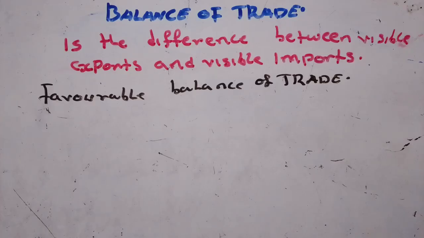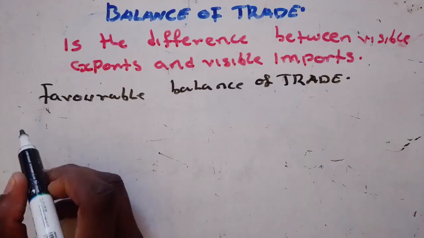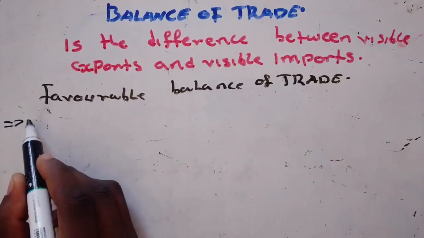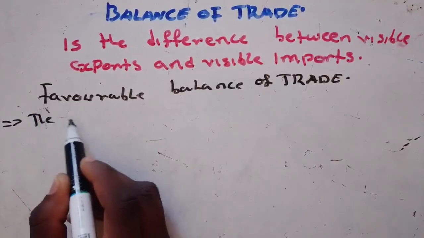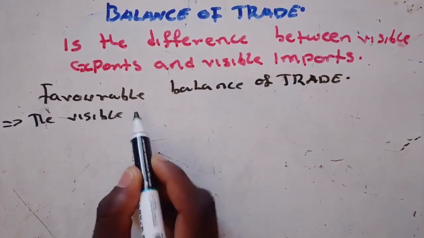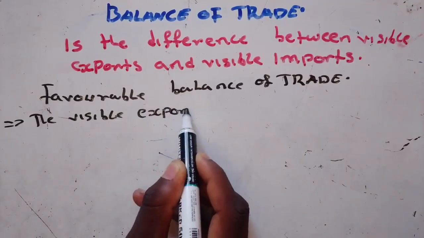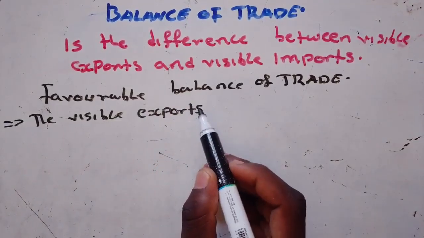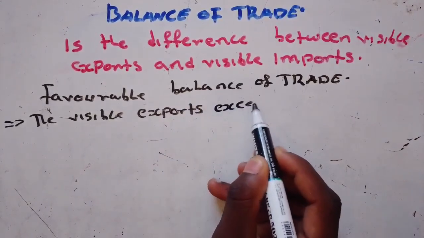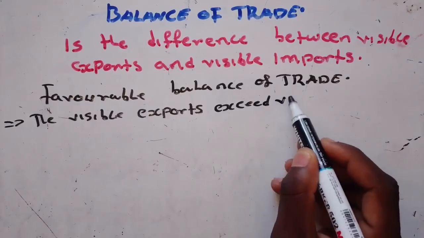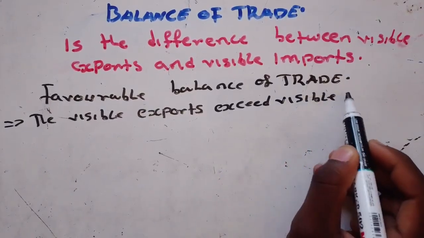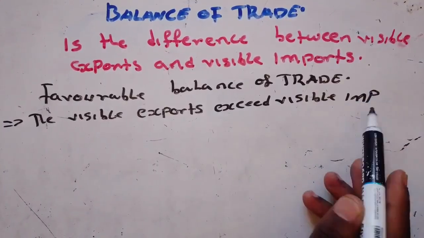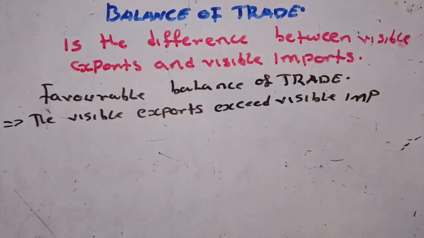We have said that favorable balance of trade is when the visible exports exceed visible import.